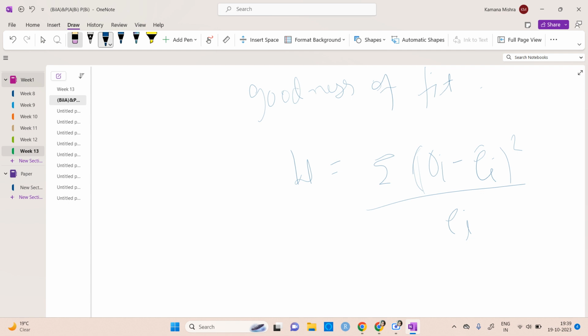For expected frequency, if you are taking probability terms, it is always 1 by 6, 1 by 6, 1 by 6. So if you are tossing a die 60 times, your expected frequency is 10, 10, 10, 10, 10. But in real life it does not happen. What may happen is that one is coming 12 times, two is coming three times, and maybe three is coming seven times. The overall summation would obviously be 60. But we will not say this die is unbiased directly, right? Because 60 is not a very large sample size, let's say.